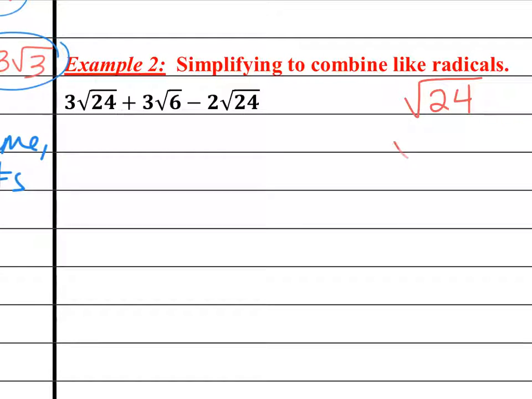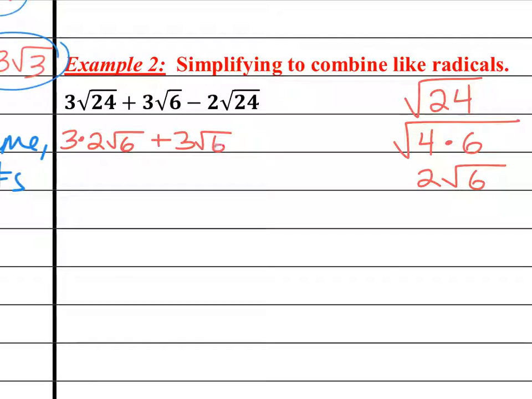Well, that splits up into the perfect square of 4 times 6. Square root of 4 is 2, so this is going to be 2 root 6. So we're going to go ahead and replace root 24s with 2 root 6. So 3 times 2 root 6 plus 3 root 6, keep that middle one the same, minus 2 times 2 root 6.